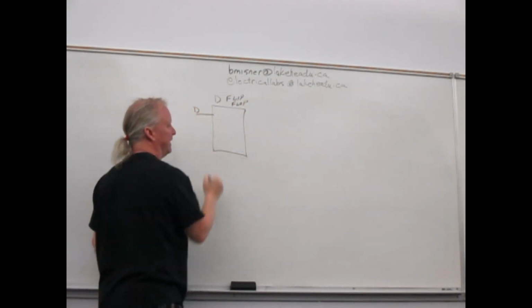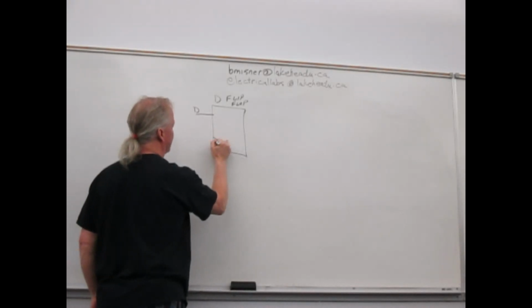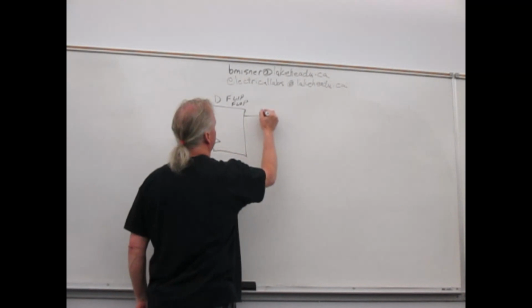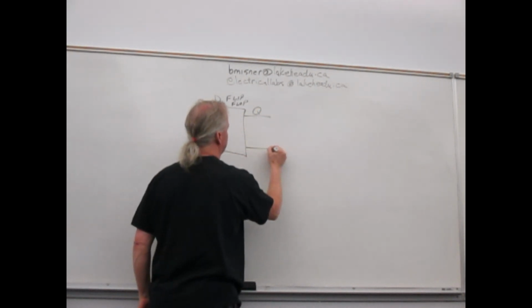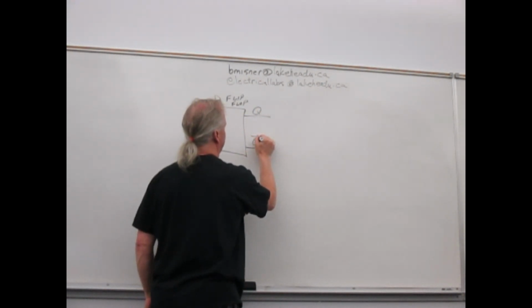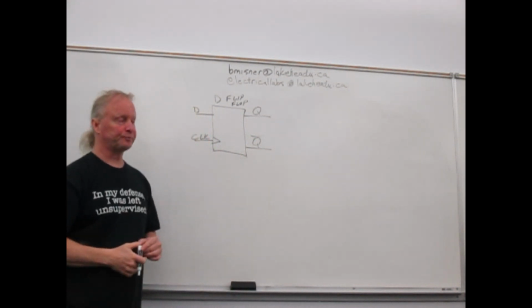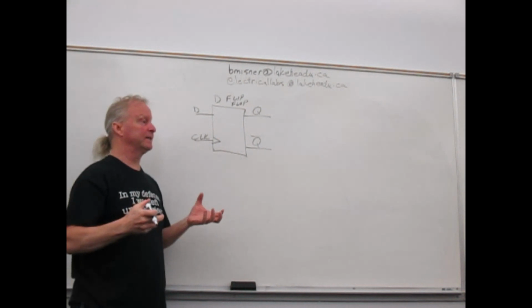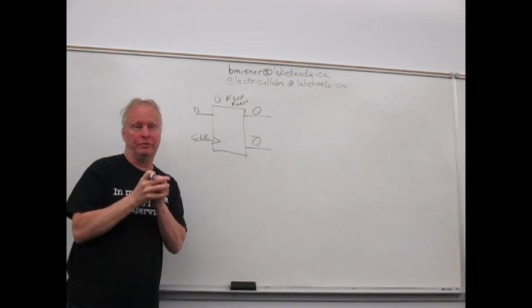Okay, so we have the line D coming in, and then we have a clock, and then Q and Q bar.